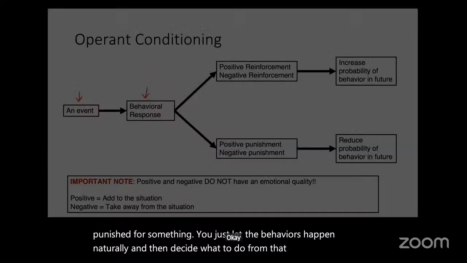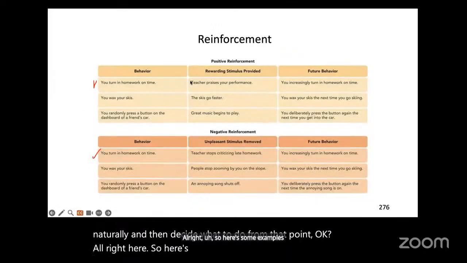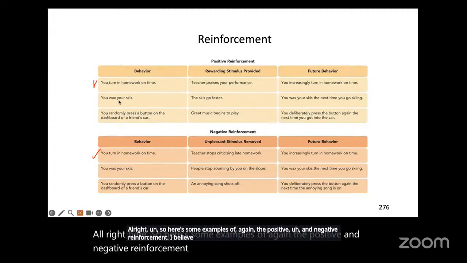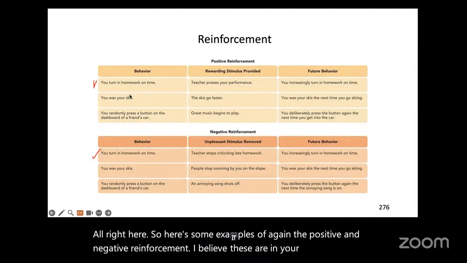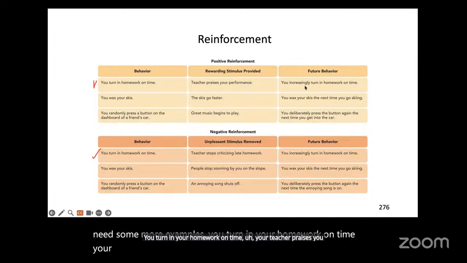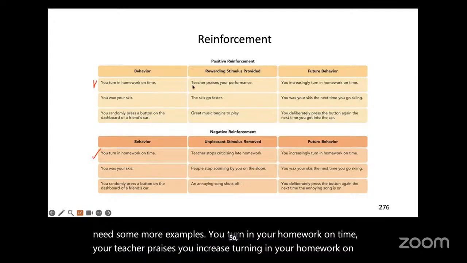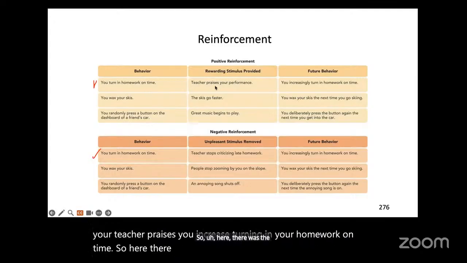Okay. All right. Here's some examples of, again, the positive and negative reinforcement. I believe these are in your textbook. If you need some more examples, you turn in your homework on time, your teacher praises you, you increase turning in your homework on time. So here there was the introduction of praise.